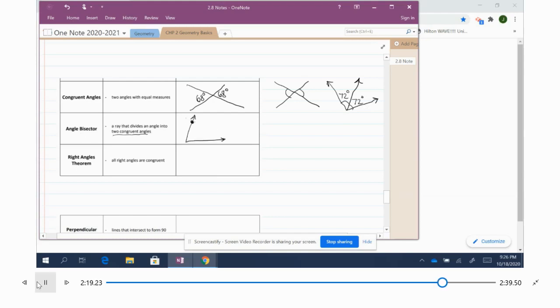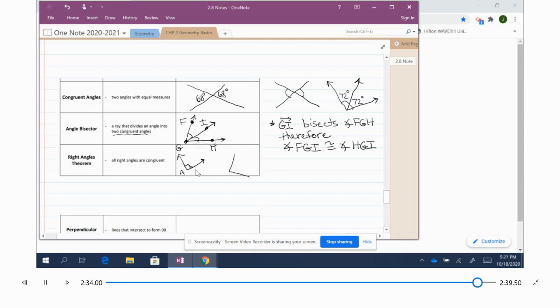An angle bisector is any ray, line, or segment that divides the angle into two congruent angles. So if GI bisects angle FGH, then this top angle FGI has to be congruent to this bottom angle. That's what those arcs are showing.